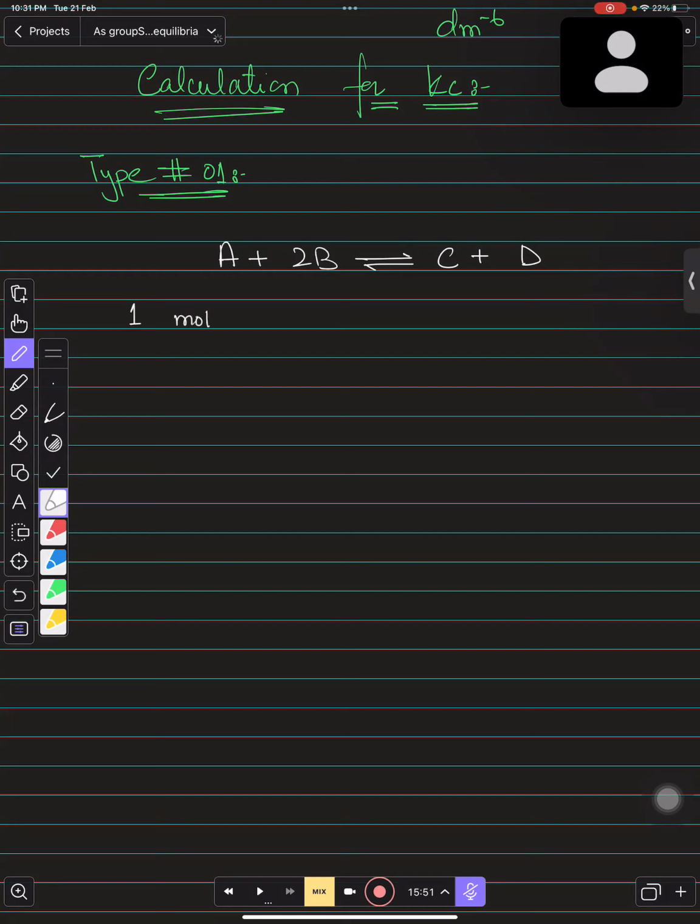1 mole of A reacting with 1 mole of B, right?